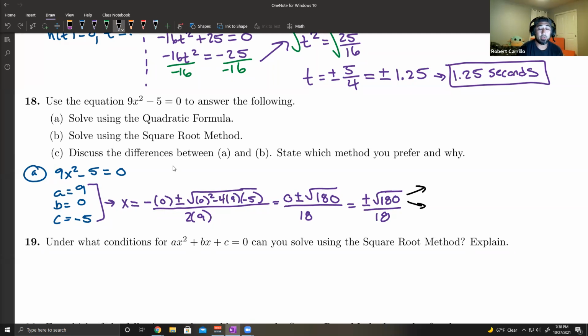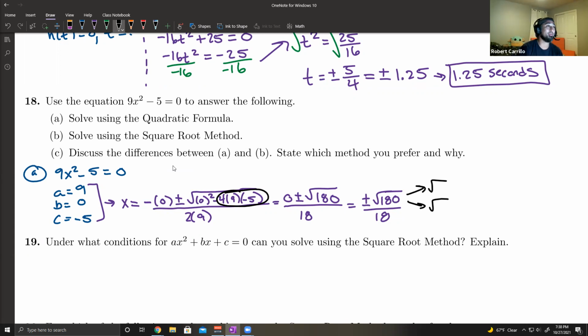So now you have to break down the square root of 180. What are two good numbers? If you want a hint, look at what we multiplied to get to 180: 4, 9, and 5.